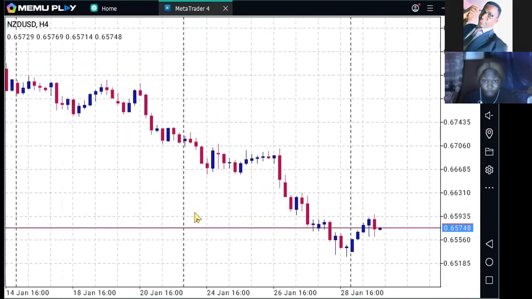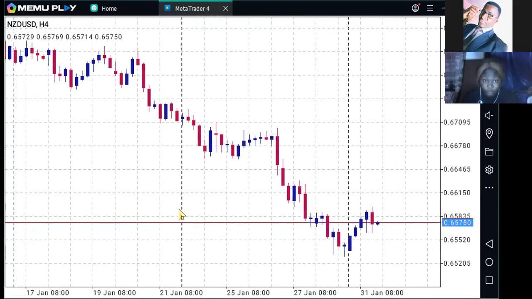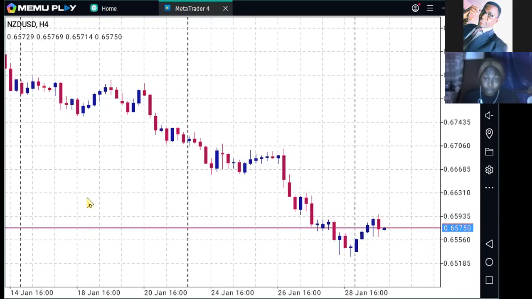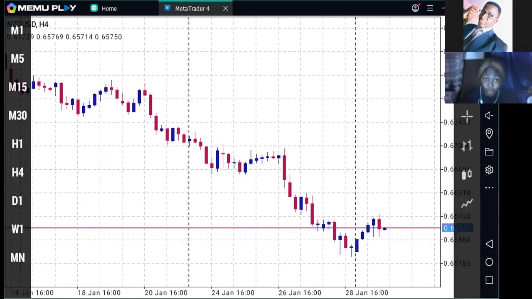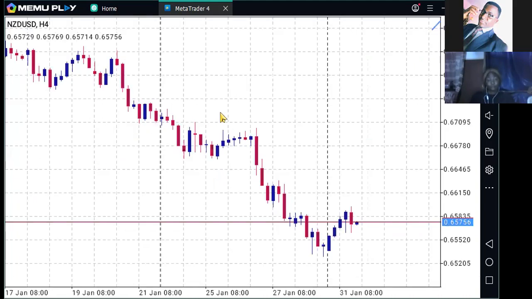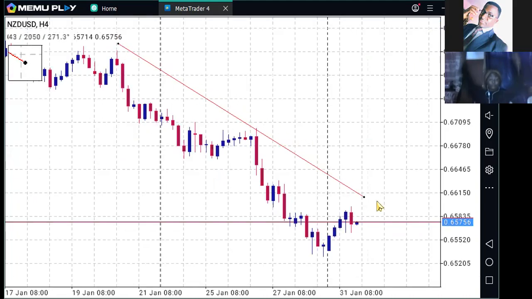So at most, we want to see if there is any movement that is sideways. So I'm going to pick my line tools here. So the trend line tools, and I am going to place this here.